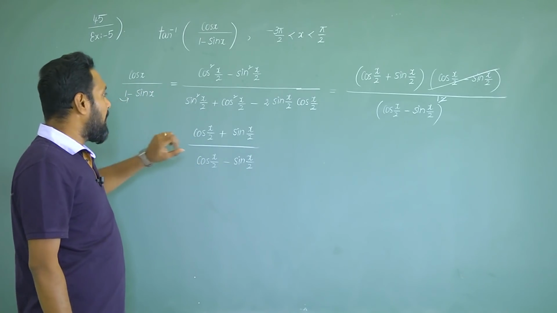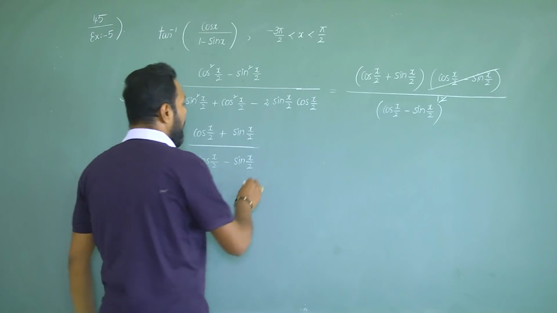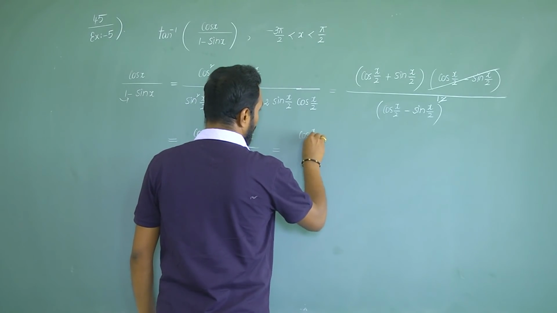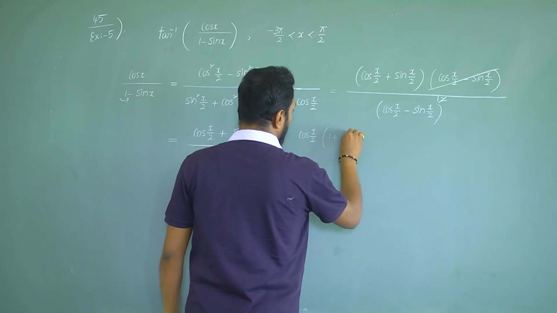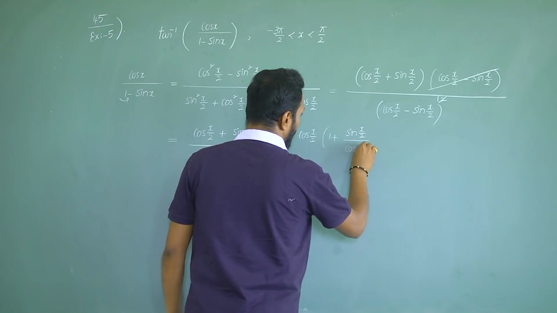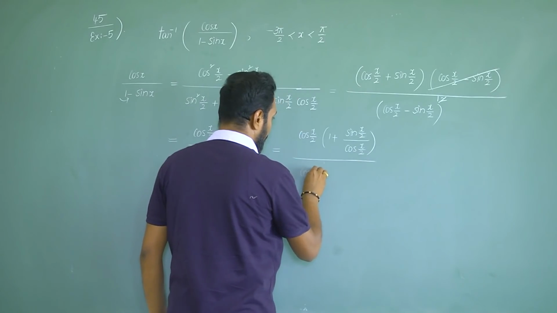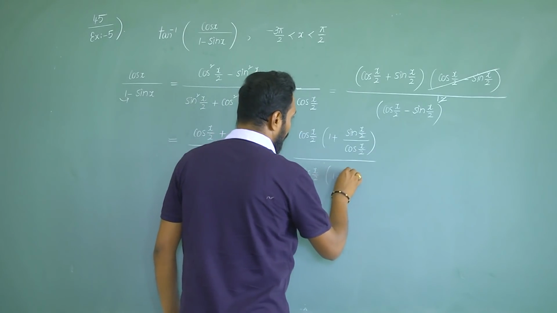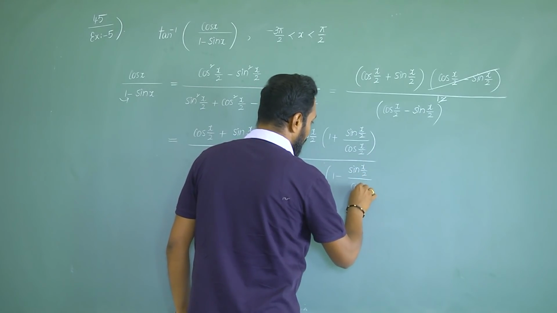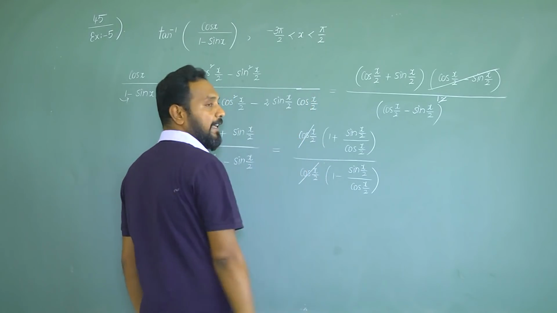According to the previous problem, we have to take cos x/2 common from both numerator and denominator. Then it will be cos x/2 times (1 plus sin x/2 by cos x/2) divided by cos x/2 times (1 minus sin x/2 by cos x/2). Cos x/2 I can cancel.